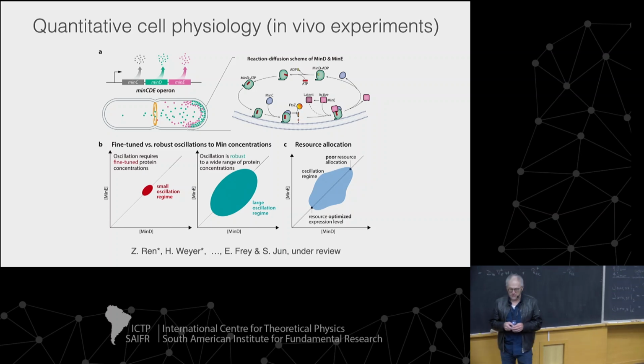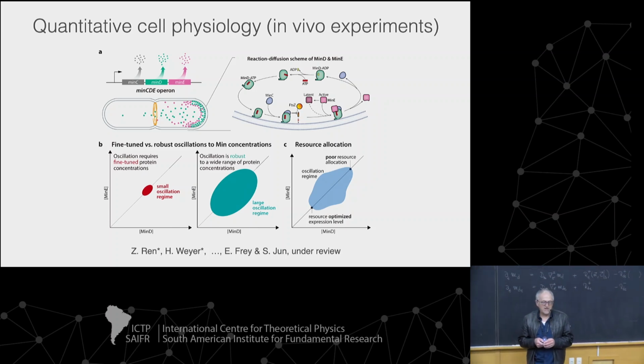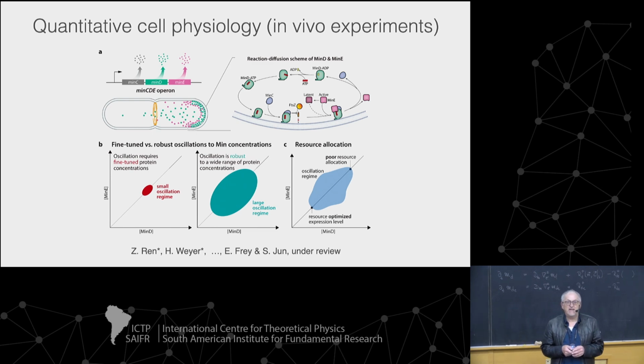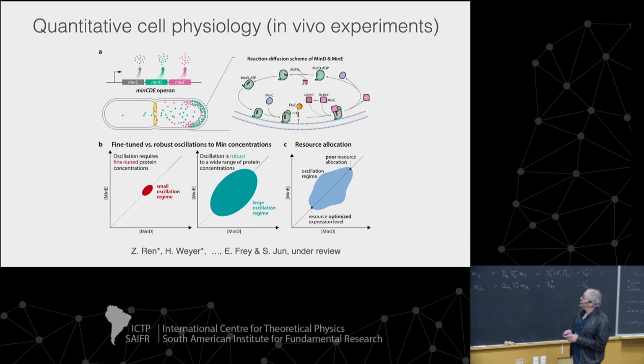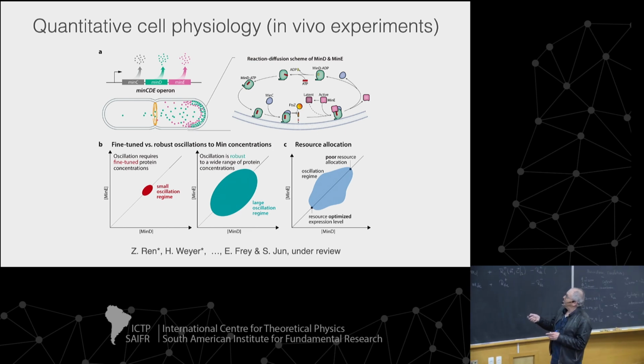is trying to actually look at this in a way that you do experiments in a living system. And here there are several heroes in the story. The student Ren here in Soo-Kyun Yoon's group, he started that, I don't know, 6 or 7 years ago as an undergrad to do these experiments.